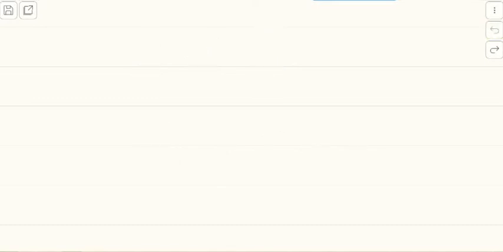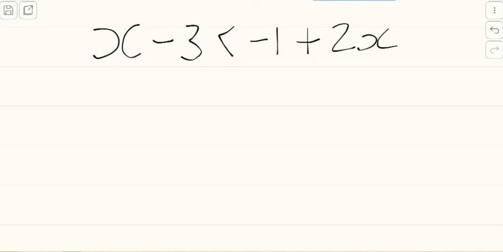Now with that having been said, let's look at an example. So we want to find a set of values for which x minus 3 is less than minus 1 plus 2x.